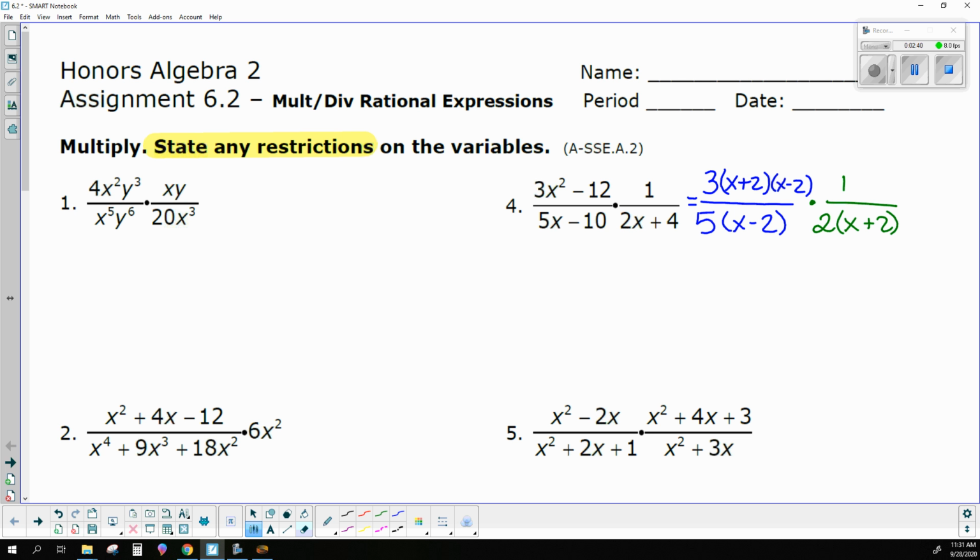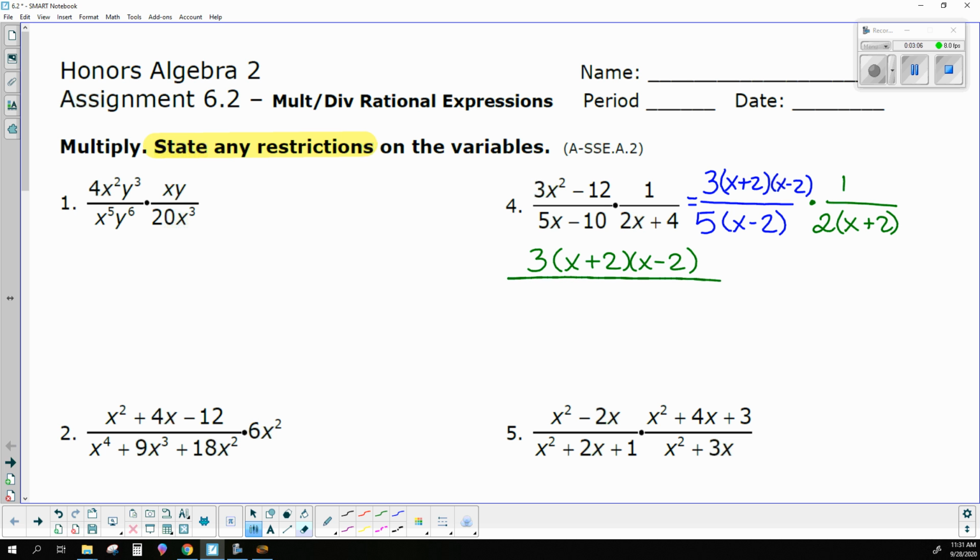So again, top times top. I'm going to multiply the numerator of our first times the numerator of our second. Well, as we can tell, something times 1 doesn't change. So when I put that all together, I'm going to start a new line here. We'll have this as our numerator.